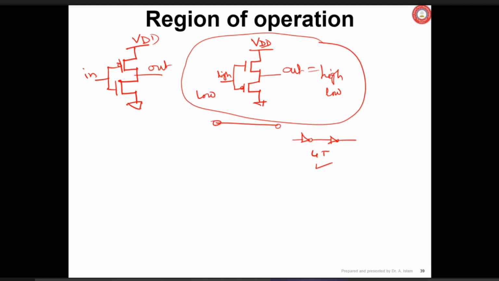Okay, so now let us start the discussion. Even though 2 MOSFETs are used here, still it is not preferred, because we have seen the condition: an N MOSFET will be on when VGS is greater than VT, and a P MOSFET will be on when VGS is less than VT.